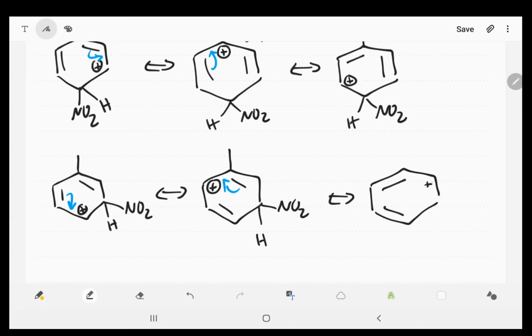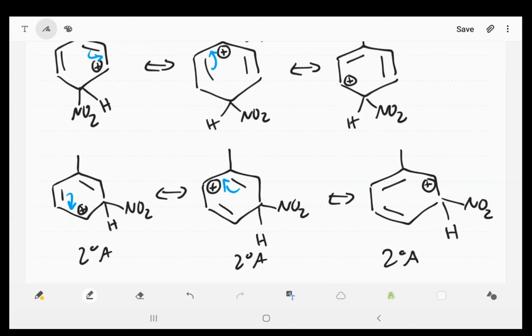So all of these are secondary allylic, but with the ortho and para, we can get tertiary allylic positions for our sigma complex.